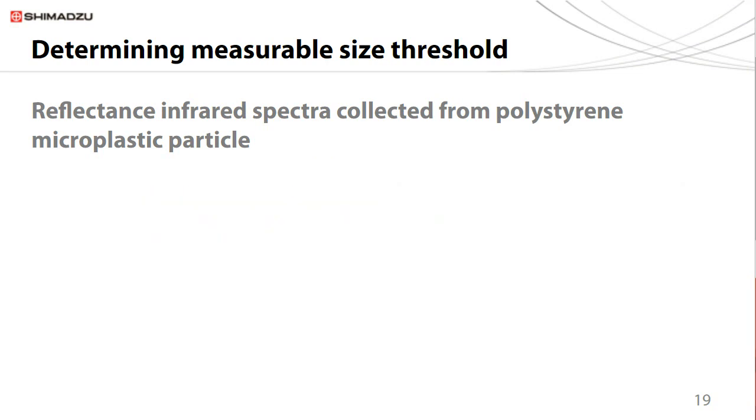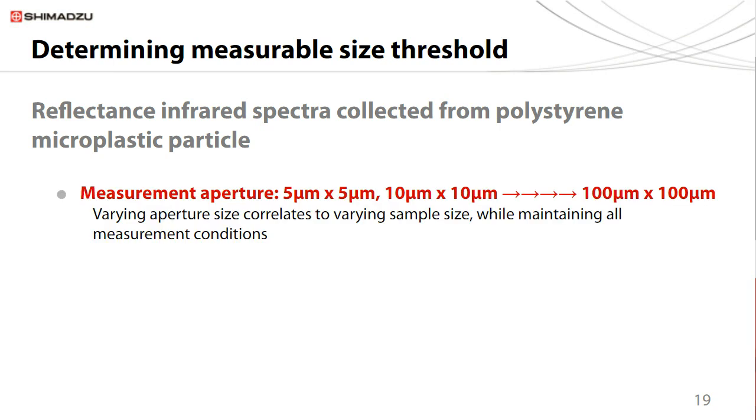In order to determine the smallest measurable particle size, first, the infrared microscope was set up to measure in reflectance mode. We focused on one single microplastic of size 100 micrometers. Then, we set up the measurement aperture of 5 microns by 5 microns to obtain an infrared spectrum from that particle.